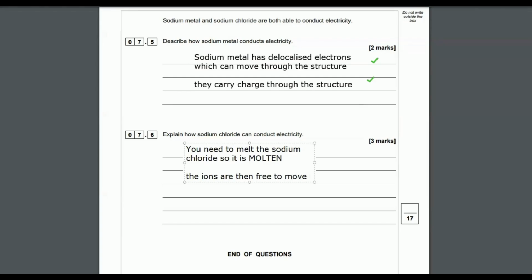It's very important that the ions are free to move, and you have to melt it first. And if they're free to move, this allows charge to flow. So your 3 marks are for saying either use molten or melt it, means the ions can move freely, allows charge to flow.